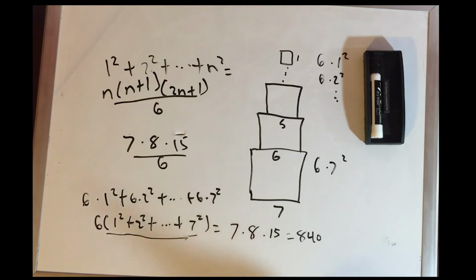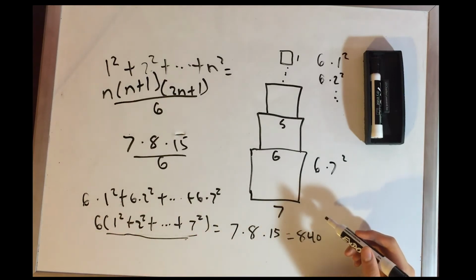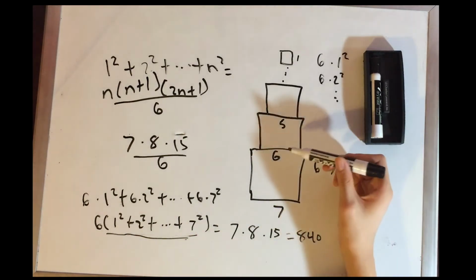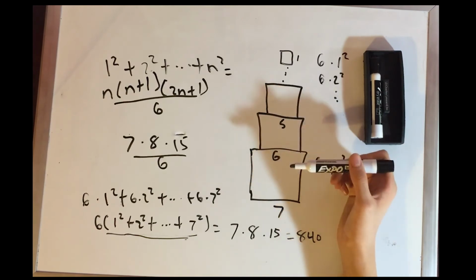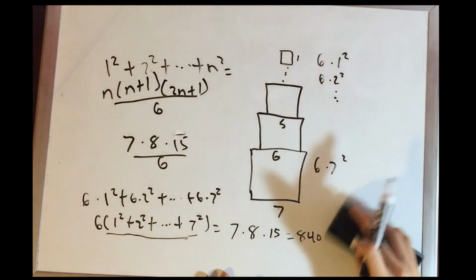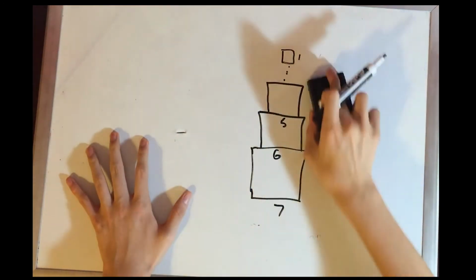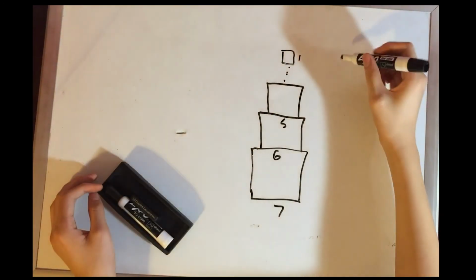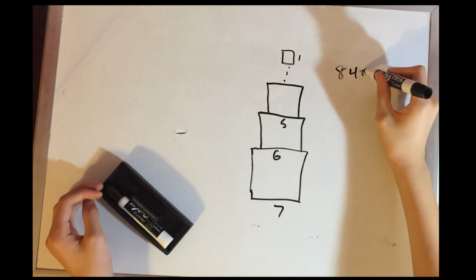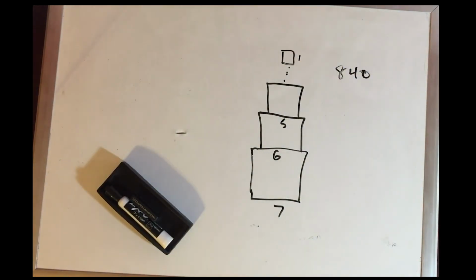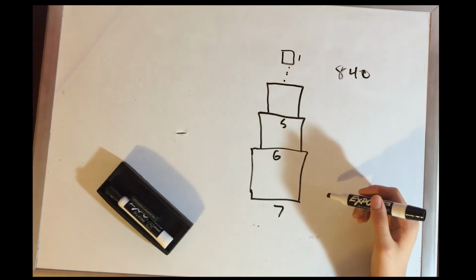And now, to find the actual surface area of the tower, we're going to have to subtract all the overlapping regions. So I'm going to go ahead and erase all this, and write 840. So now we just have to figure out what the overlapping areas are and subtract it from 840.